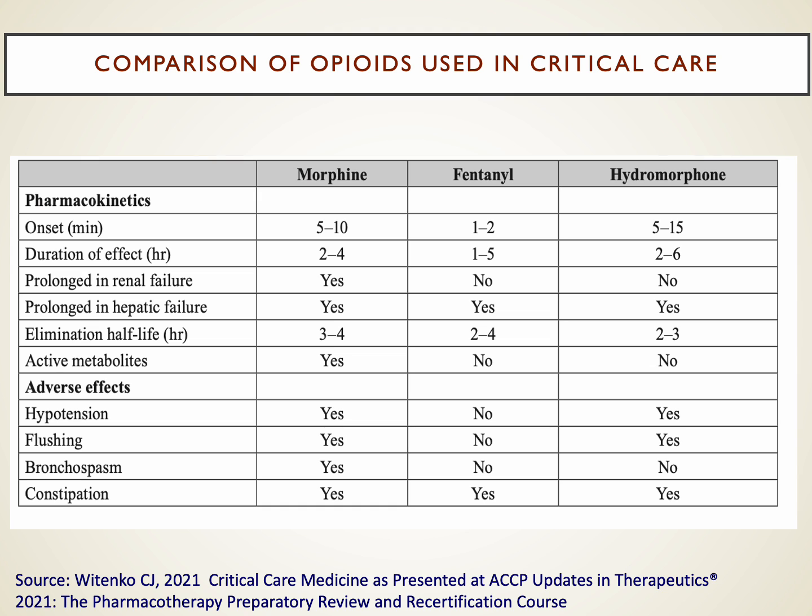The opioids you're going to see used in critical care: most often in the OR we see the use of fentanyl, but in the ICU you could use morphine, fentanyl, or hydromorphone, and their kinetics are listed here. Fentanyl has the advantage of a quicker onset but a shorter duration of effect typically than the other two agents.